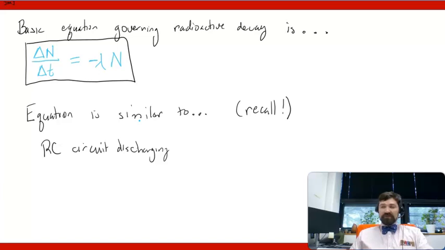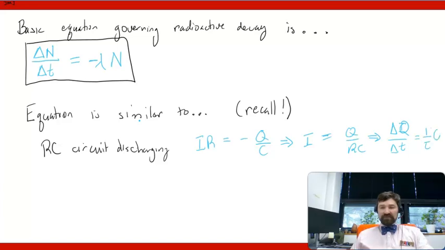And so what you end up with is that the current, I times R, is equal to negative of the charge divided by the capacitance, or in other words, that I is equal to Q over RC. And this right here we represented by noting that I is the rate change of the charge. So delta Q over delta T was equal to 1 over tau times Q.